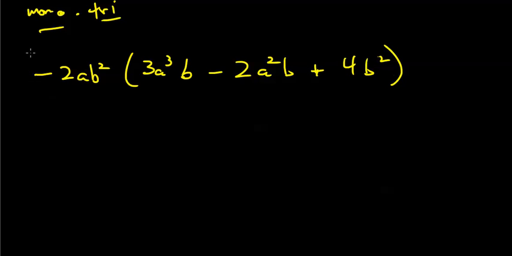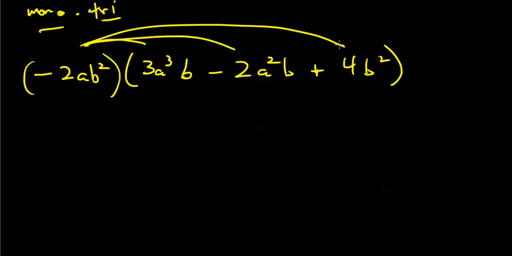Alright, and essentially the same process, except instead of distributing over a binomial, here I'm distributing over a trinomial. In other words, I'll take this minus 2ab squared monomial and multiply it independently by each of the three terms in the trinomial, applying my distributive law.